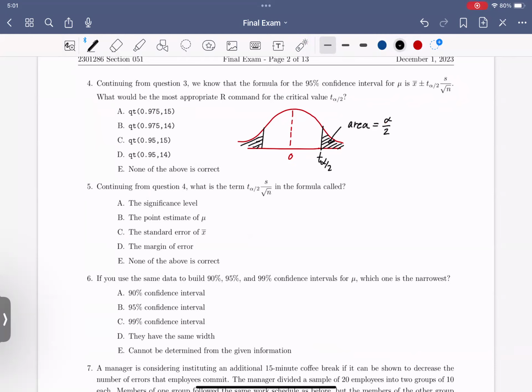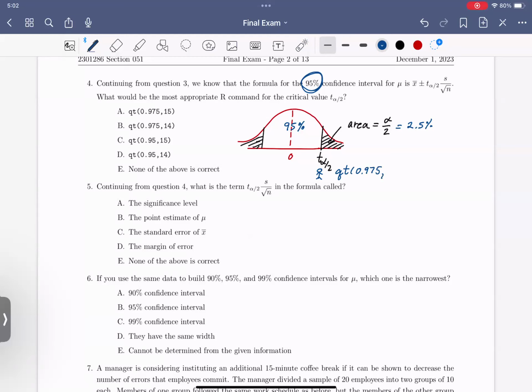So if you want a 95% confidence interval, that means you keep 95% in the middle, and the area on the tails is going to be 5%. Then you split the two tails, so this one is just 2.5%. So if you put yourself there, it's going to be qt 0.975, right?